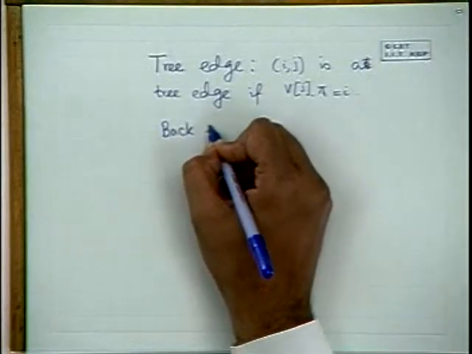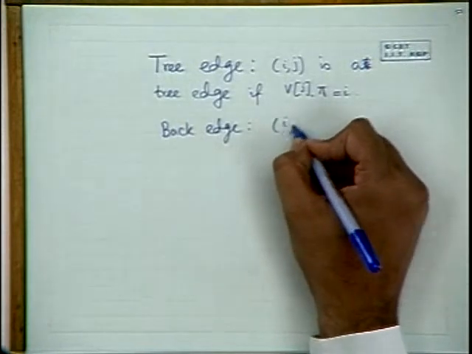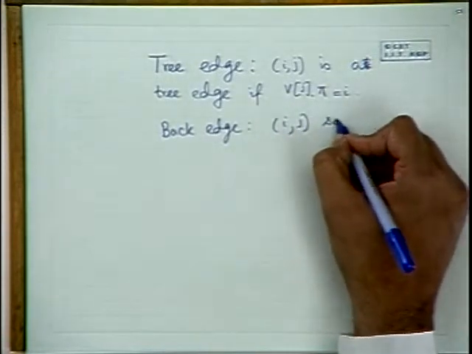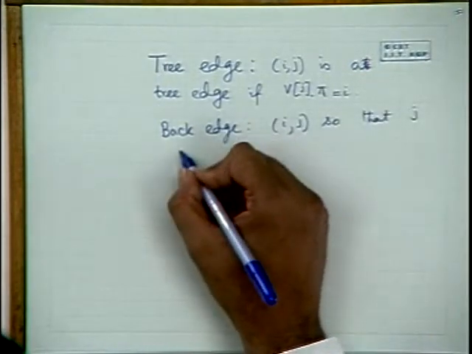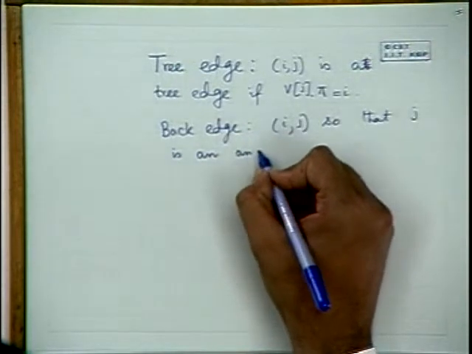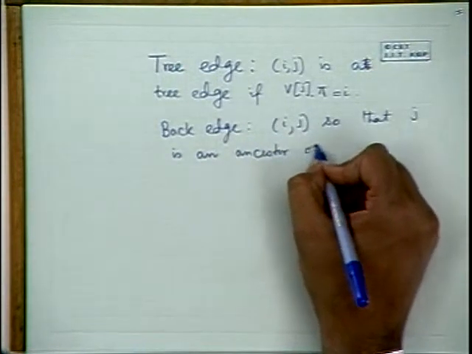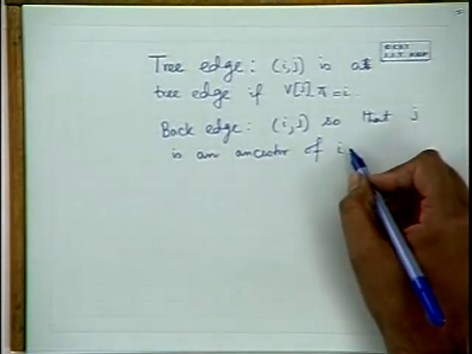Then there is a back edge, and back edge is Ij again, so that j is an ancestor of i in the tree which you have developed through DFS.